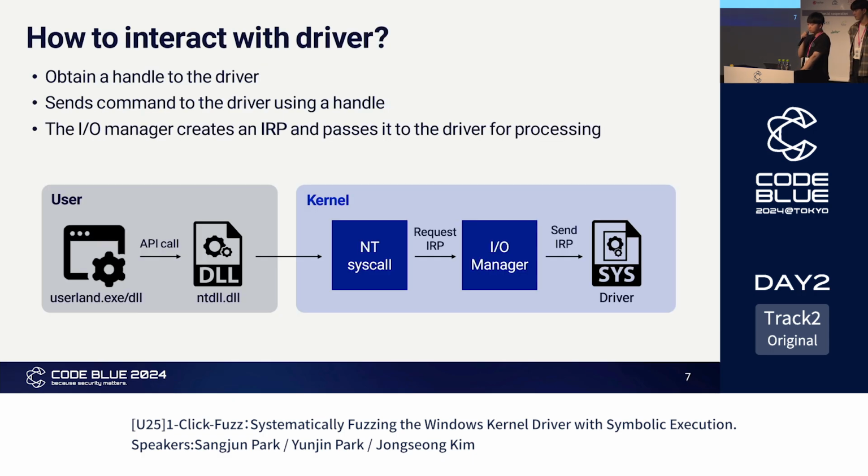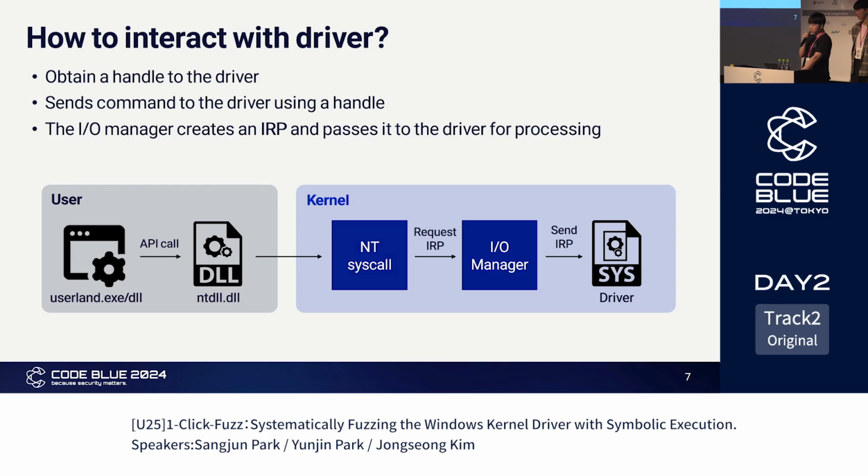But how do user mode applications and drivers communicate? A userland application holds a handle to the target driver, which allows the application to use the functions provided by the driver. Then, how to send a command? First, when the IO function is called, the IO function in NTDLL is executed.